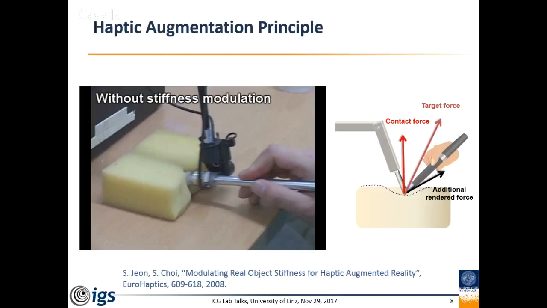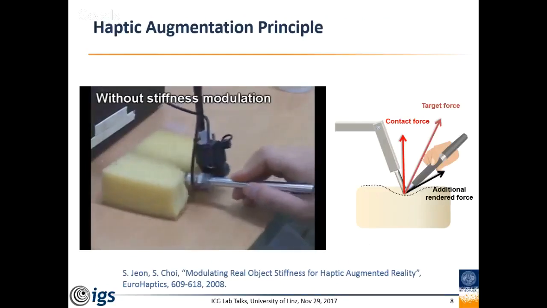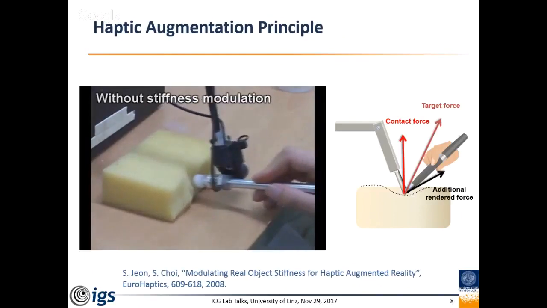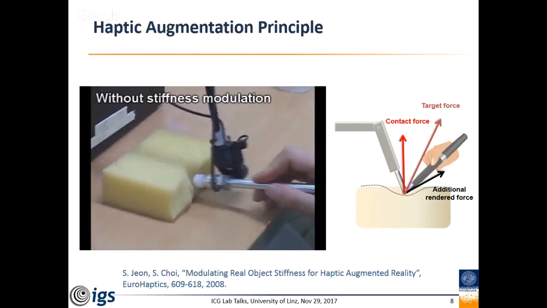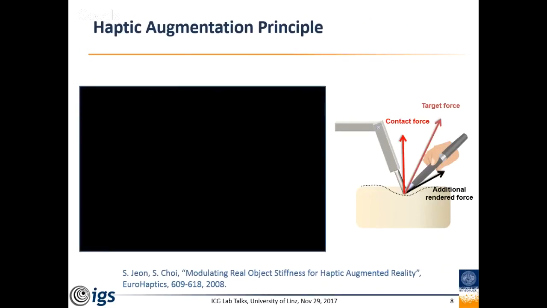The best would be to try this out yourself. You can play around with the haptic device, I can only show it to you. But at least I have some movies here which maybe explain this a little bit more. So here you see a user poking the sponge that is fixed to a table with a certain amount of force, and you see the resultant deformation. This is without this augmentation.